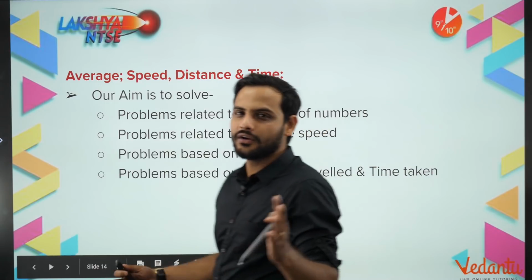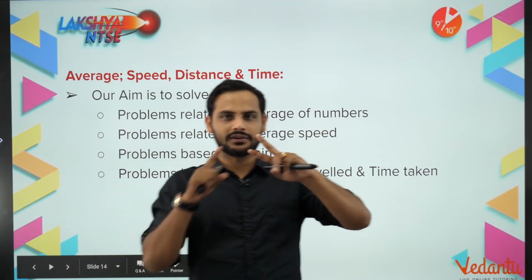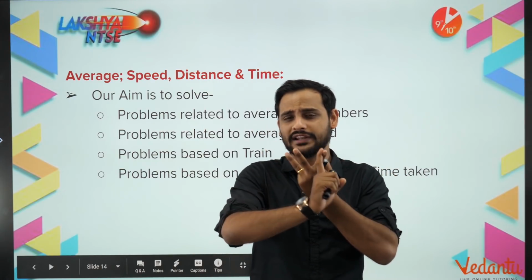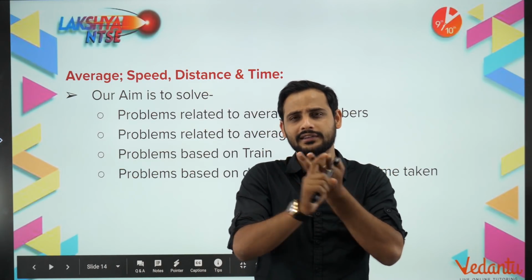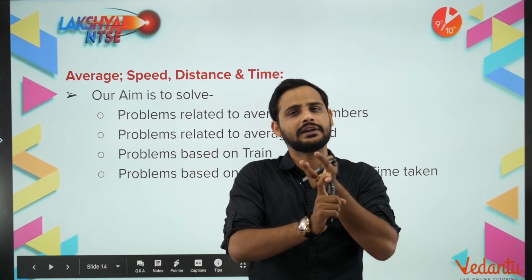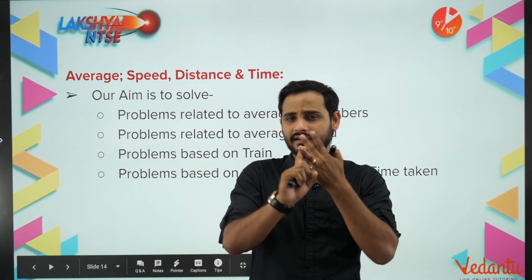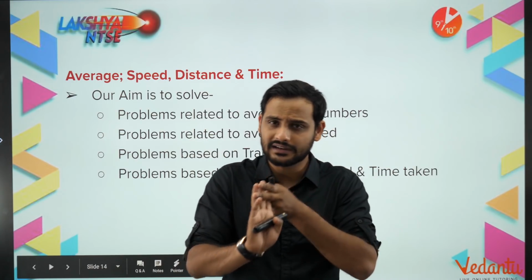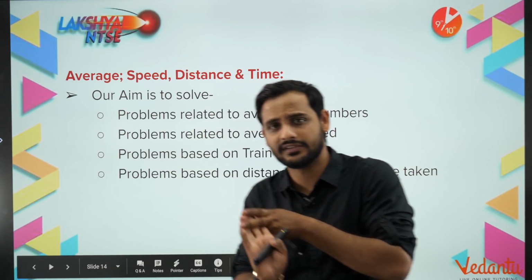So all in all, two types of problems are there, or mostly three. One which is only related to average of quantities, then we'll be talking about average speed and distance, and then there is a concept of relative speed which I will be discussing here as well. So these are the three major concepts which we will be discussing today.